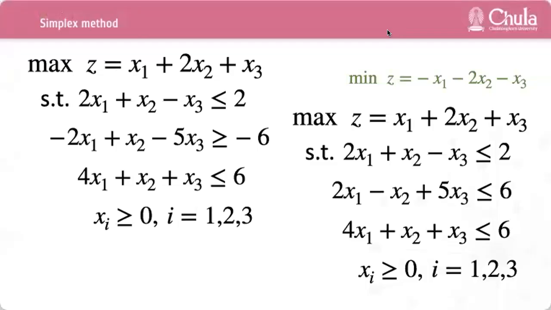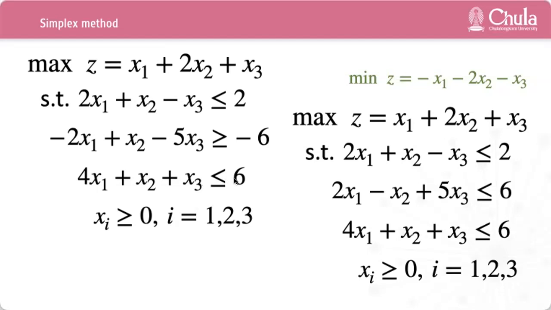All right, so now we move to the next example. We have a maximization. We want to maximize x1 plus 2x2 plus x3. And we have the following constraints: 2x1 plus x2 minus x3 less than or equal to 2; 2x1 plus x2 minus 5x3 greater than or equal to minus 6; and 4x1 plus x2 plus x3 less than or equal to 6.